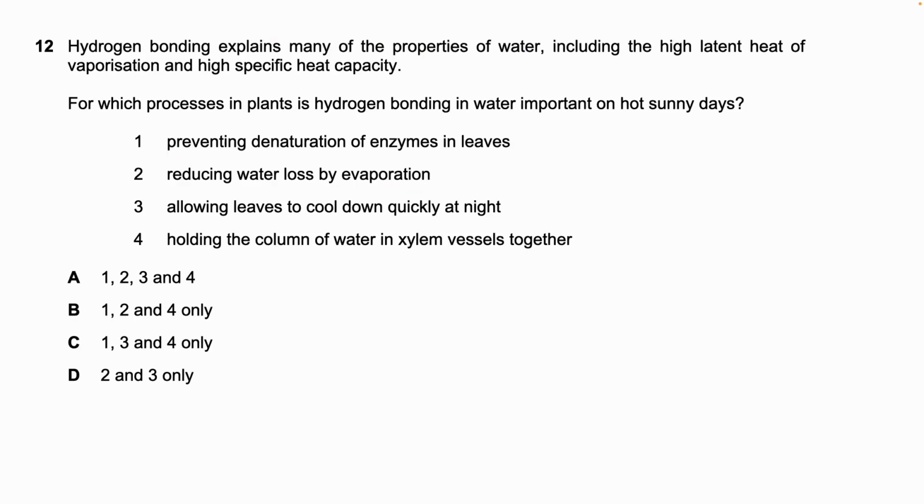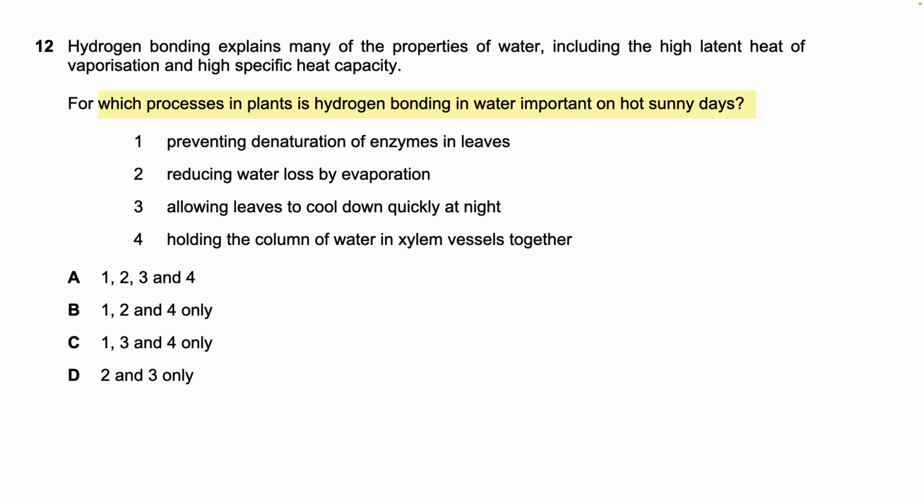Question 12. Hydrogen bonding explains many of the properties of water, including the high latent heat of vaporization and high specific heat capacity. For which processes in plants is hydrogen bonding in water important on a hot sunny day? The question clearly states it is about a hot sunny day.